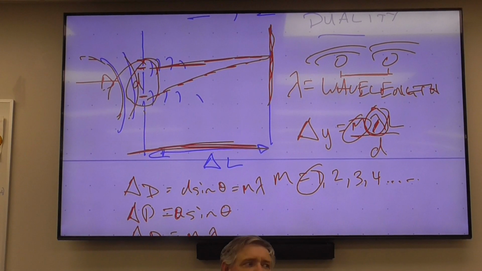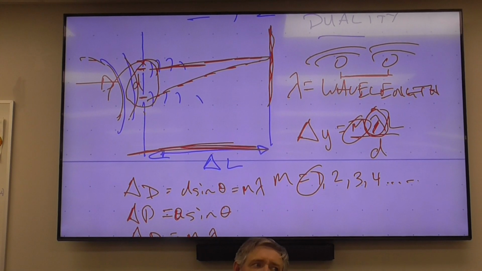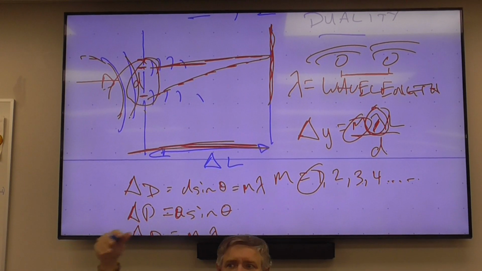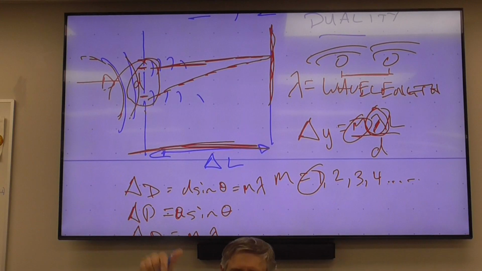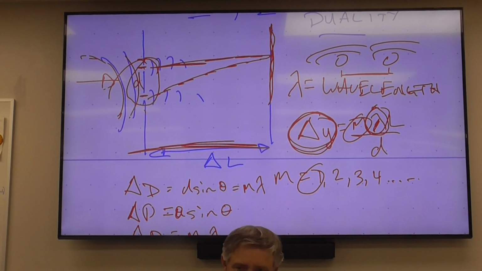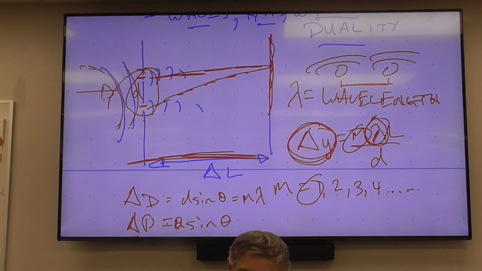So unless you're told differently, you just assume that M equals 1. If it's anything else, you would have to be told, oh, M equals 2, M equals 3, M equals 4. And all that's going to do is spread this delta y out. So the delta y is the distance, if you can remember that visual.